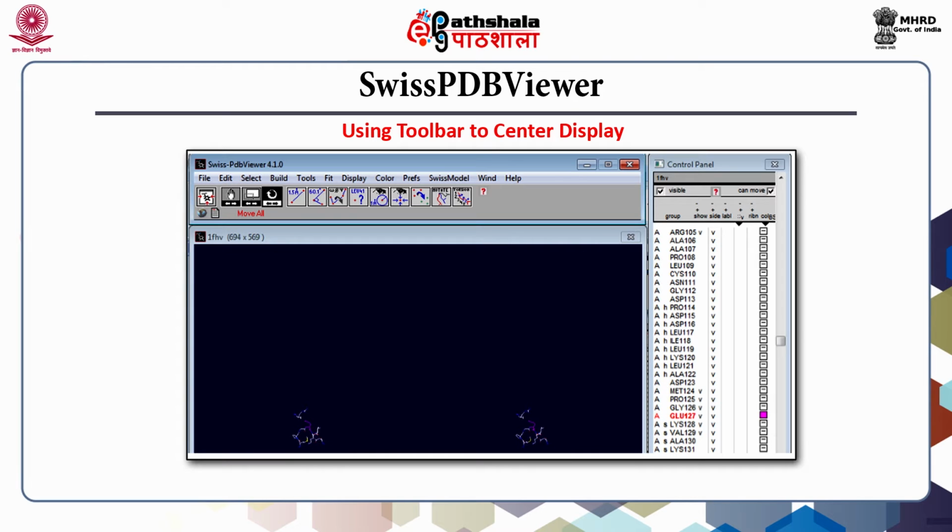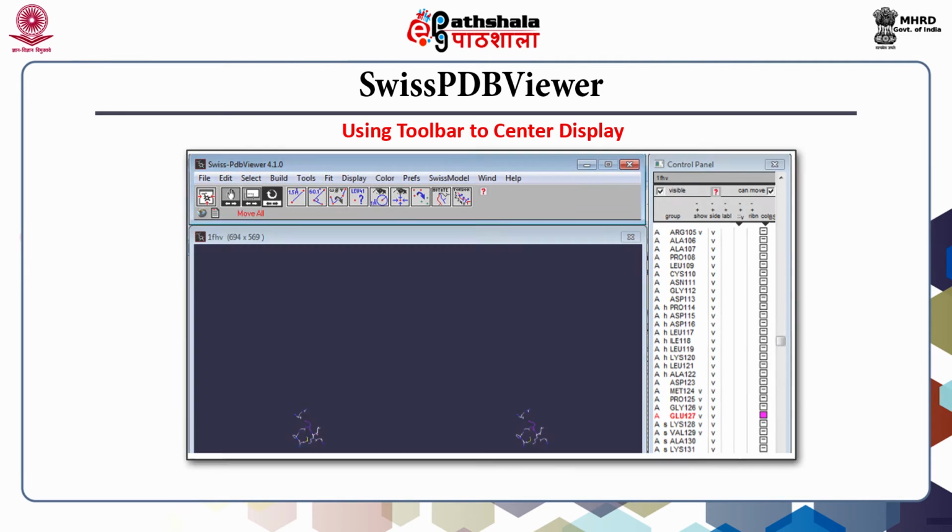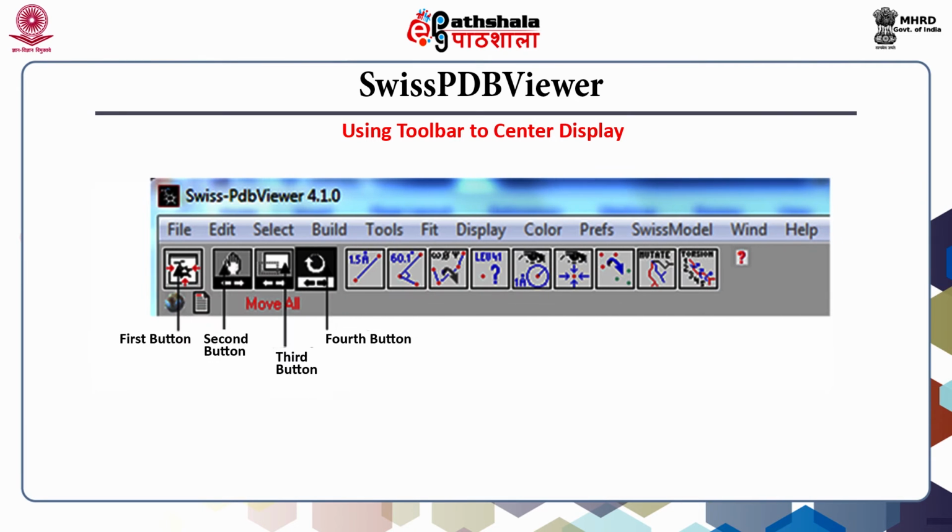However, the display is not in the center. After opening a file, by default, the selection in the toolbar is for rotation of the molecule, with the 4th button on the toolbar highlighted as black. Therefore, click on the first tool button in the toolbar to display molecule in center.